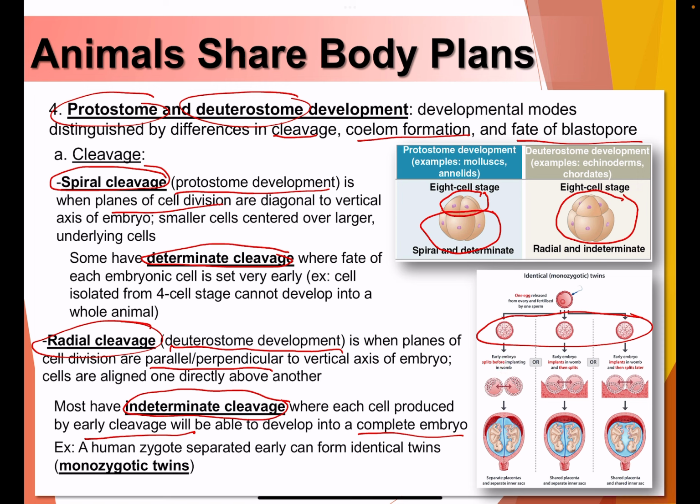But that's how identical twins are formed. That's why for human beings, we have radial cleavage that is indeterminate as well, able to form a whole new human being if the cells were to separate from each other early on.